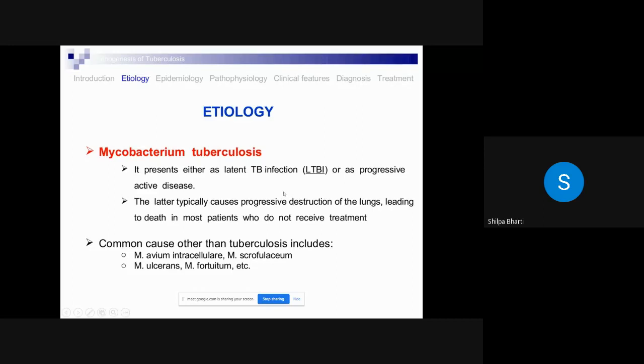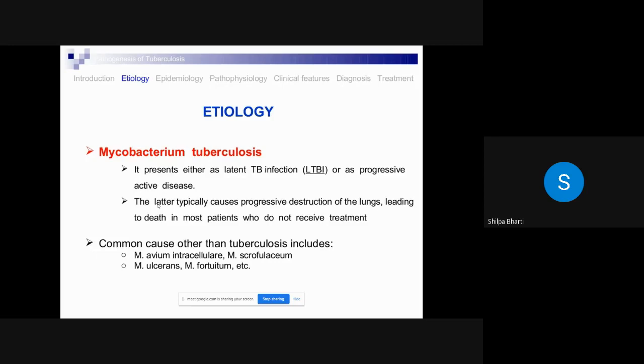Also, only when the person is at this active stage can he or she transmit the disease from one person to another. Only in the active stage, meaning the bacteria is dividing very fast and has eaten up the lung tissue and forms cavities in the lungs.